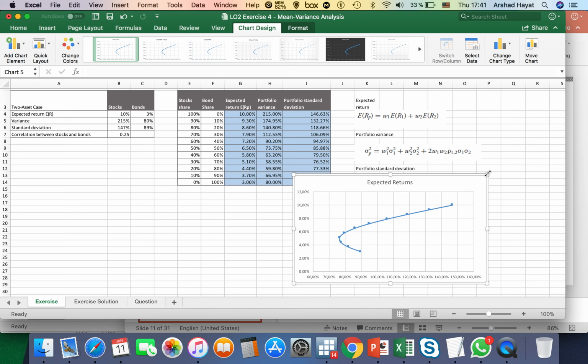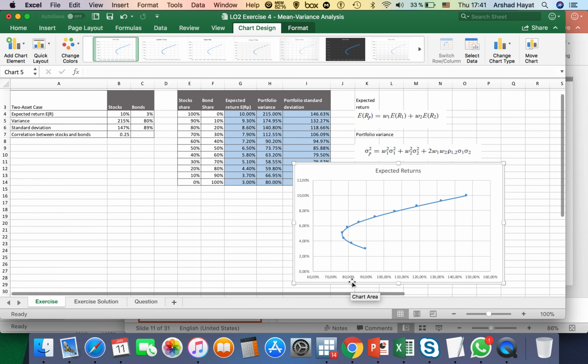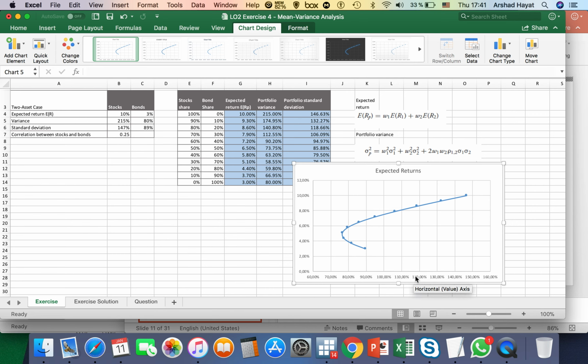So we can see that our expected return increases initially with lower standard deviation, and then after some time it increases further with the greater standard deviation. So the more there is deviation, the more return we get from our portfolio.